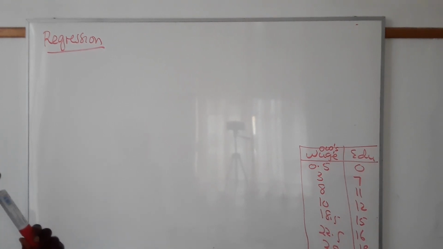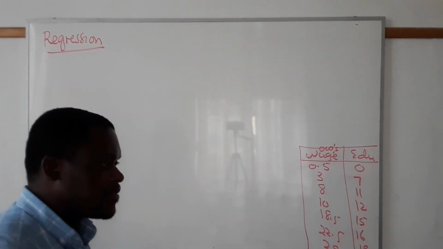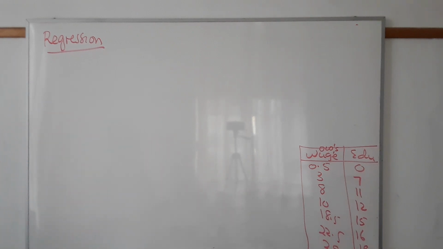Now, here is the challenge. We can try any line that you fit, for example, will satisfy several assumptions, but there is only one unique line that will satisfy every other assumption that we want to meet in regression analysis.